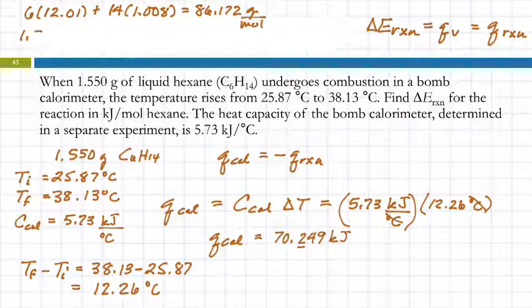So we've got 1.550 grams of hexane. Put grams on the bottom, moles on the top, so the units work out. 86.172 down there.